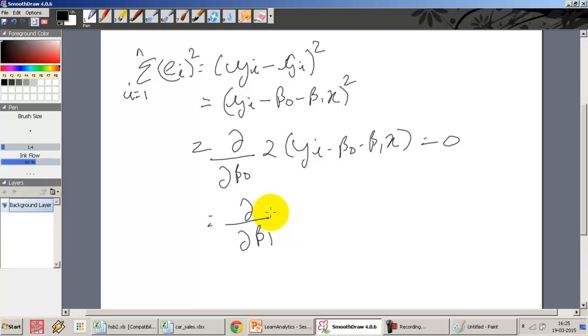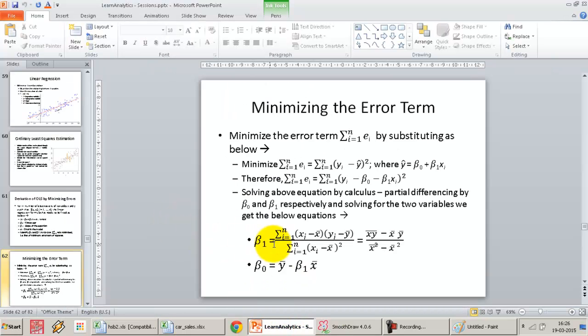Once I get these two equations, I've got two unknowns that I need to solve in terms of y and x. So I need to solve for beta naught and beta 1 as functions of y and x, and all I need is two equations, and that's what differentiation is going to do here. Once I differentiate and solve it, I get the values of beta 1 and beta naught in terms of only y and x.